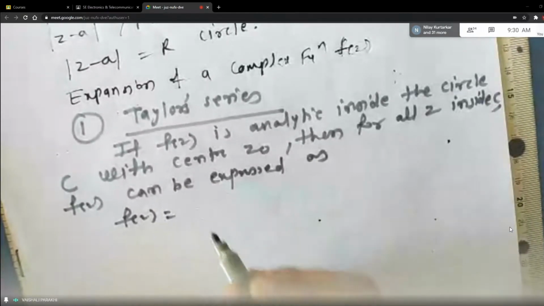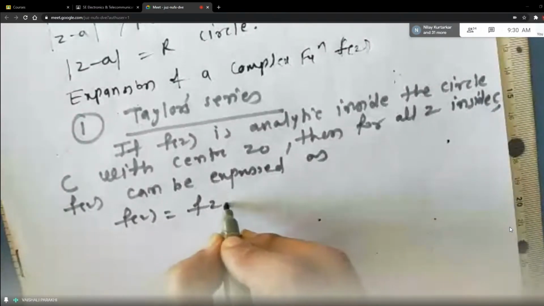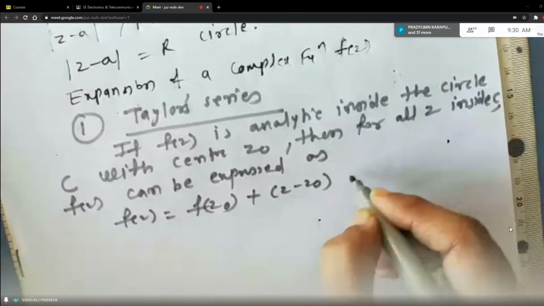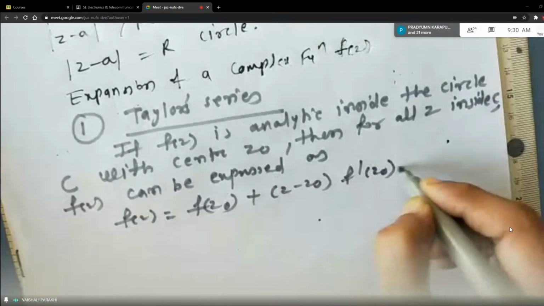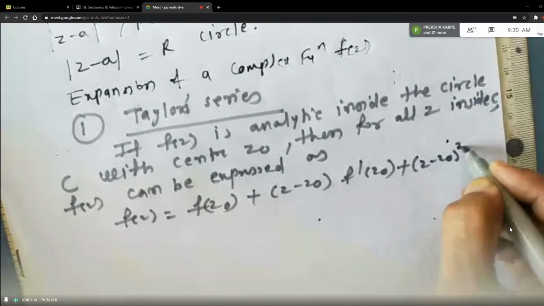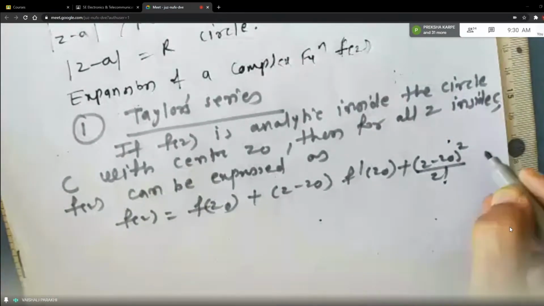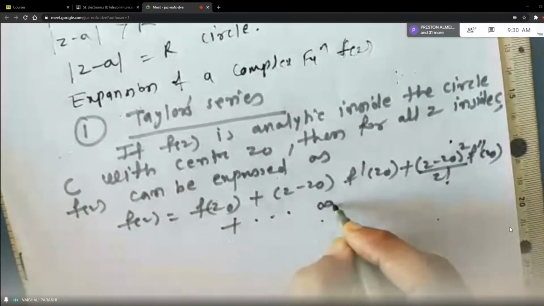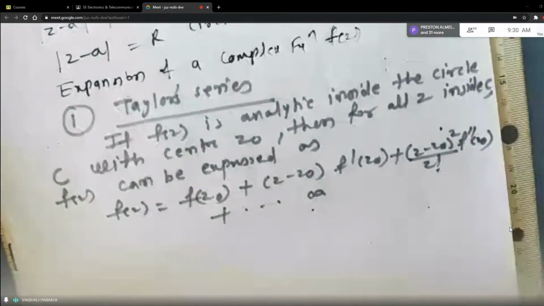f of z is equal to f of z naught plus z minus z naught f dash of z naught, plus z minus z naught the whole square by 2 factorial f double dash of z naught, and so on up to infinity. Do you remember this series, students?